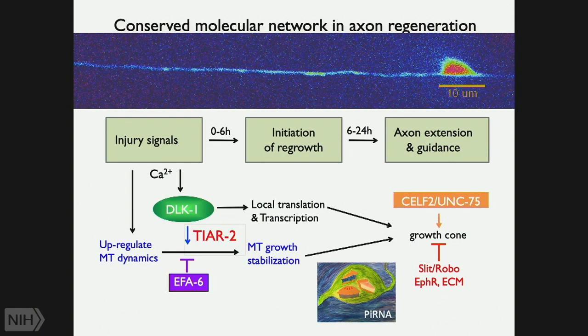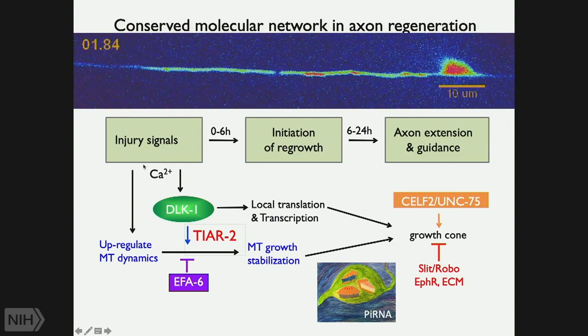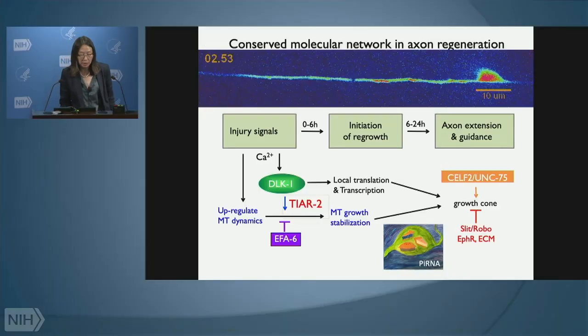A very immediate stage is the calcium transient, which is then followed by the initiation phase of axon regrowth. This involves membrane repair, cytoskeleton reorganization, and initiation of growth cones, which is then followed by extension. This extension phase can grow more or grow less.